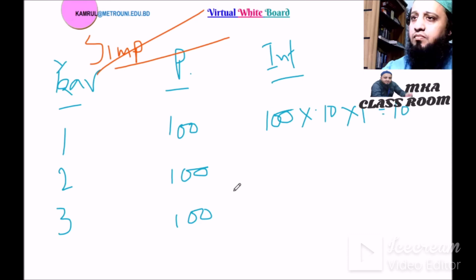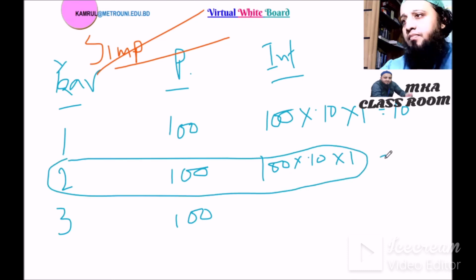For the second year, 100 into 0.10 into 1, that means we are calculating the second year, that is why the value of n should be 1. It should be 10.